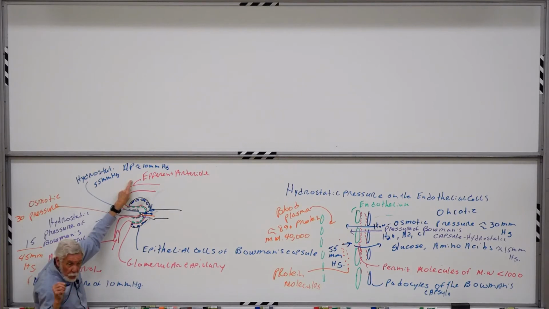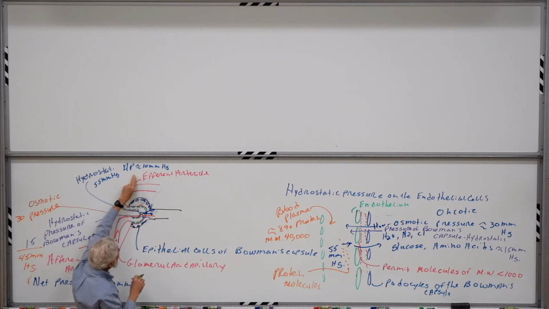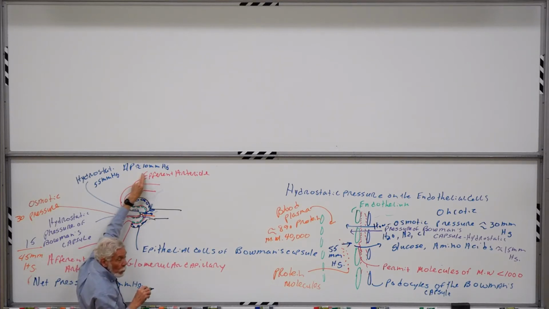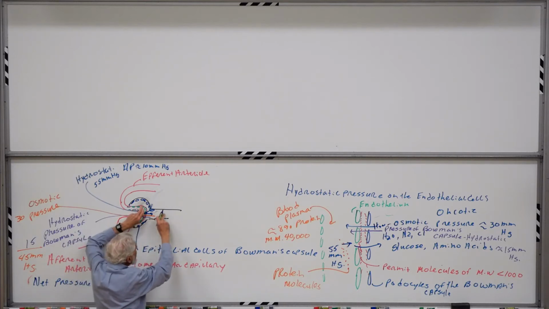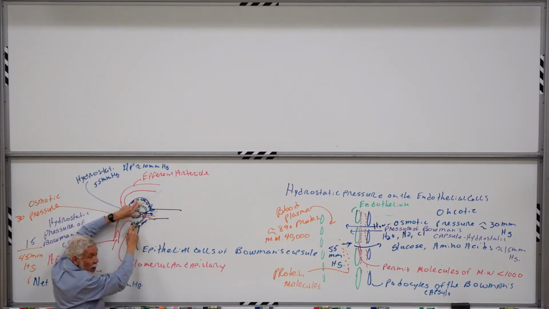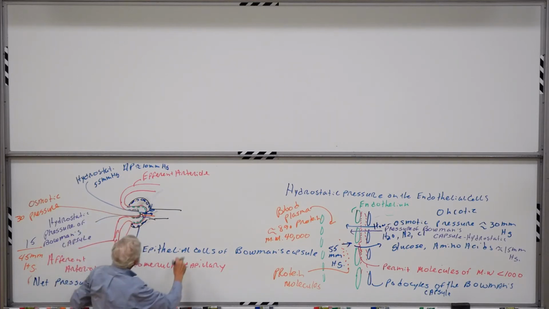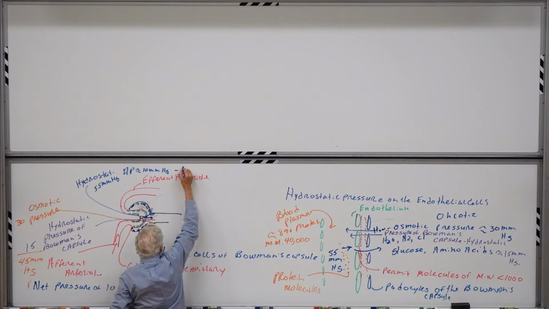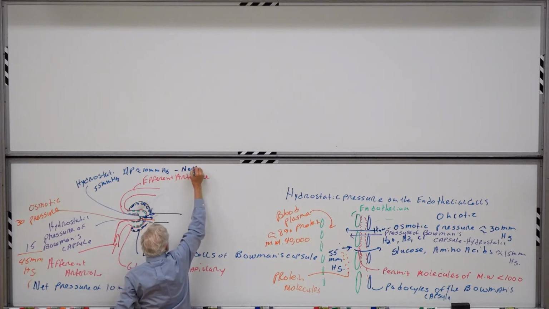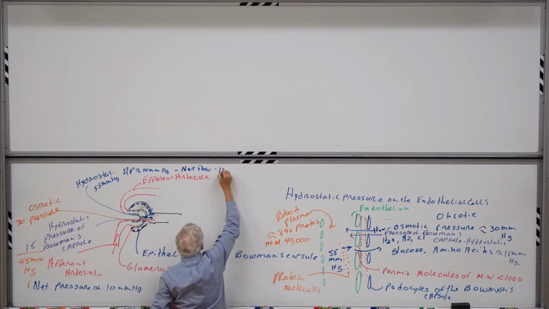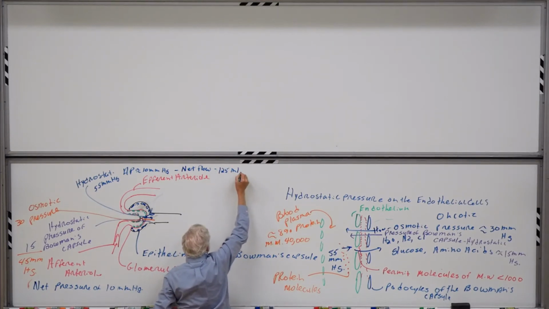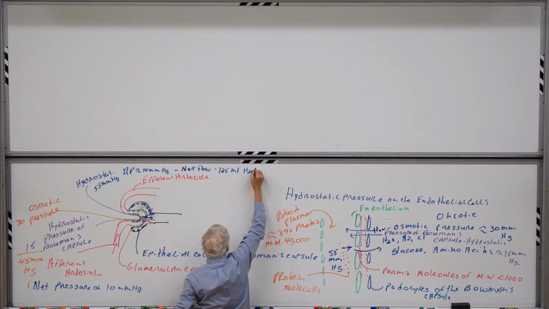Well, if we work our way through these numbers, and I won't go through all the numbers, but it turns out, given this 10 millimeters of mercury pressure difference between the glomerular capillary and Bowman's capsule, and given the fact that you have about 1 million of these working all at the same time, we find that there's a net flow of about 125 milliliters of water per minute.